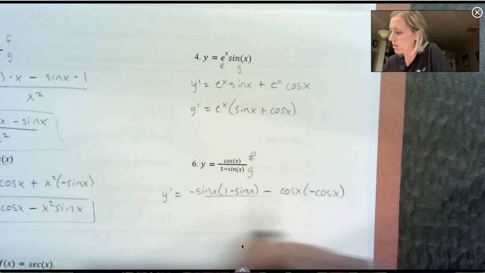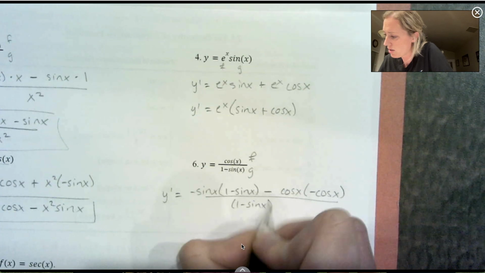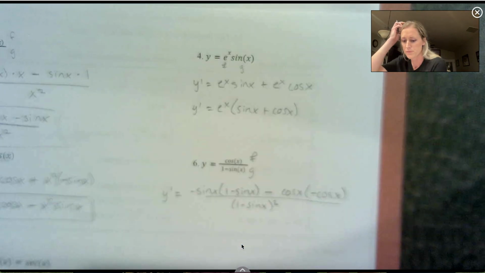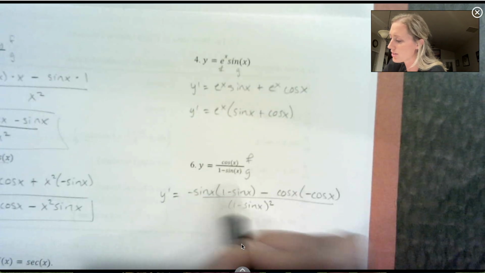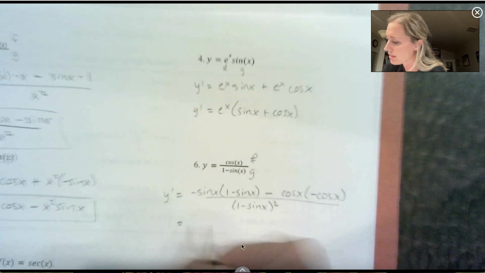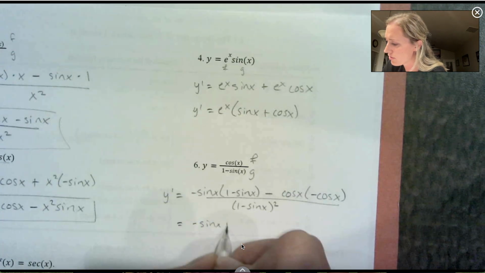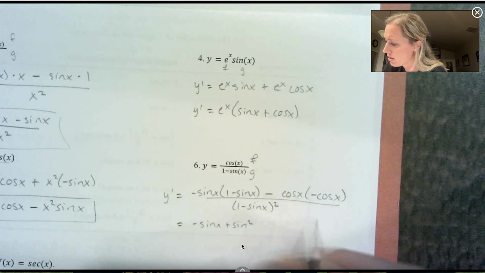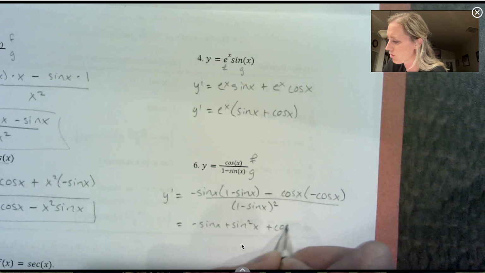Okay, all over g squared. Okay, we can do a little bit of simplifying because I actually am going to get a Pythagorean identity here. So if I distribute that sine x, we get, let's see, negative sine x plus sine squared. And then negative cosine times negative cosine is positive cosine squared.